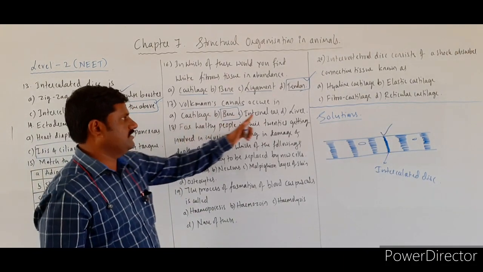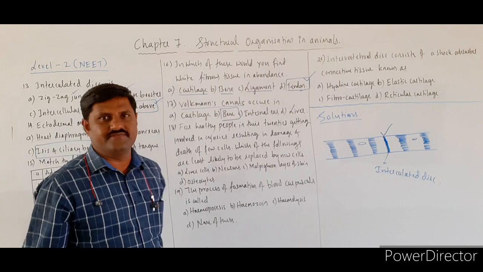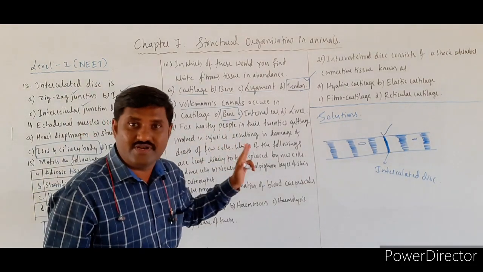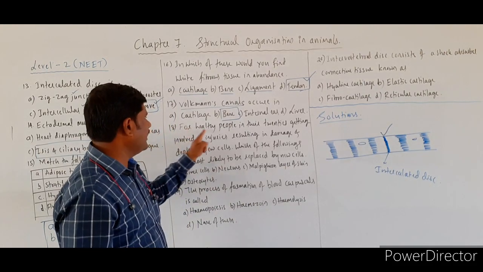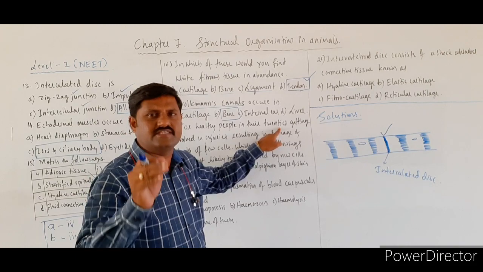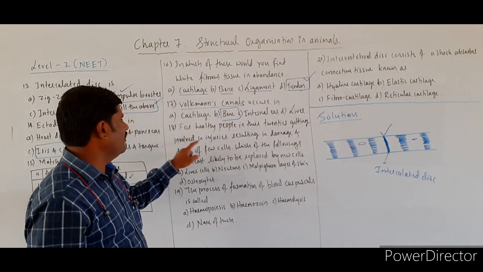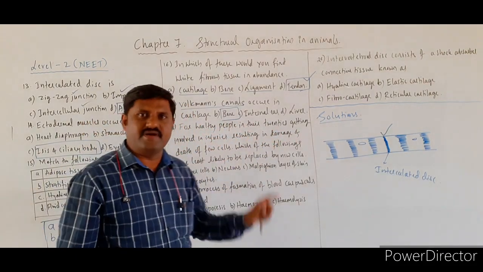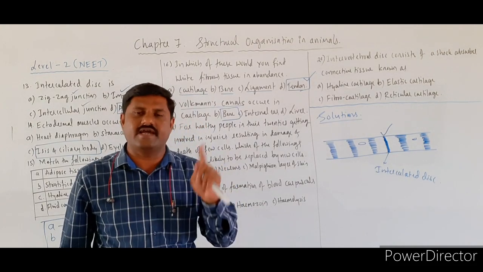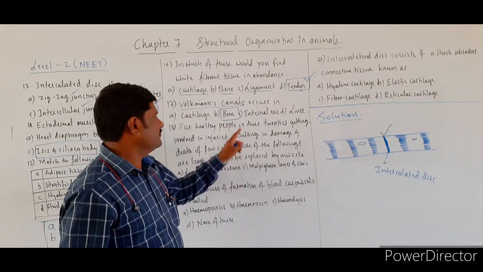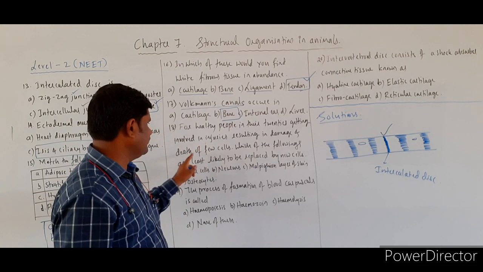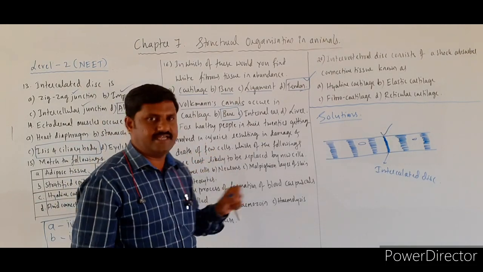So, not in cartilage, internal ear or liver itself, right? So, for healthy people, this is a more important question, remember. For healthy people in their 20s, at the age of 20, getting involved in injuries means he gets many injuries, resulting in damage and death of few cells.